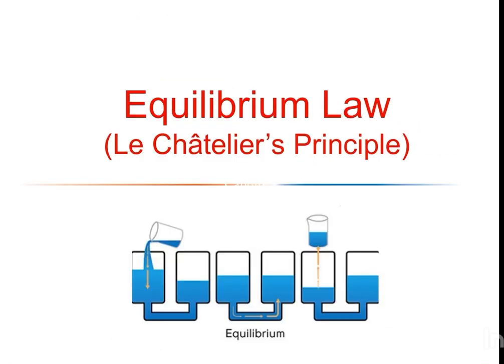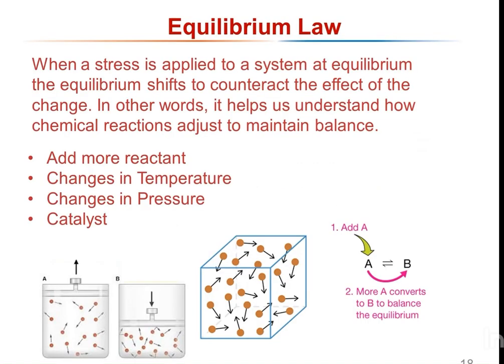What is the equilibrium law or Le Chatelier's principle? Here I should give examples of how we can make changes in the equilibrium. Le Chatelier was a French scientist who studied equilibriums and said that when a stress is applied to a system at equilibrium, the equilibrium shifts to counteract or minimize the effect of the change.